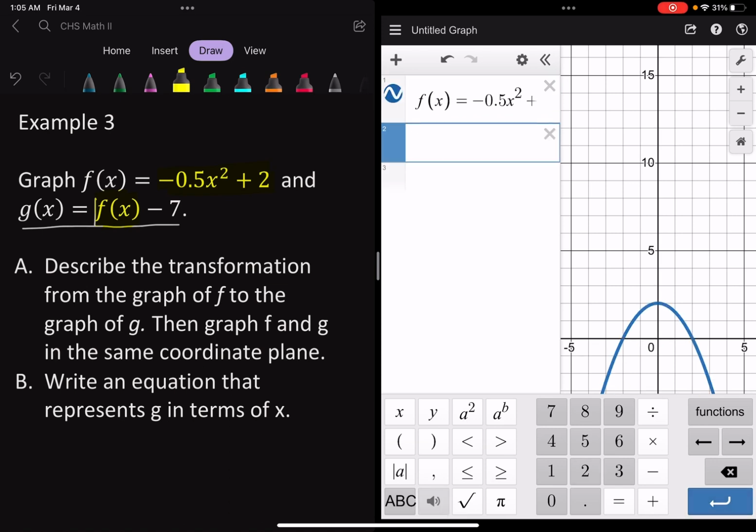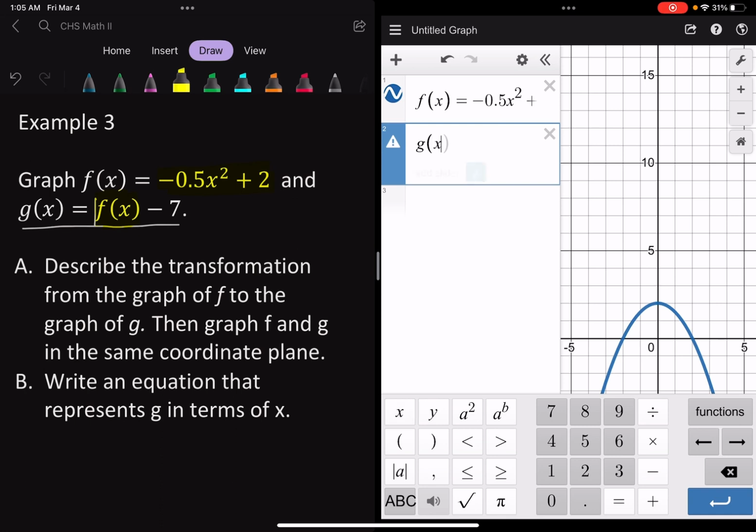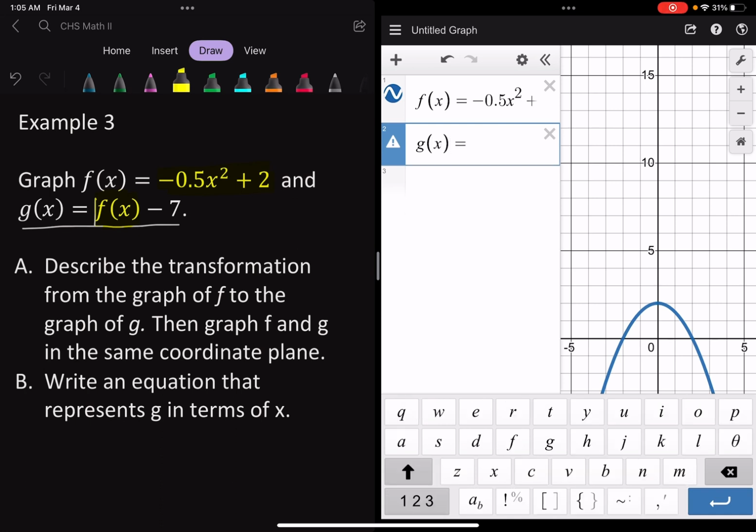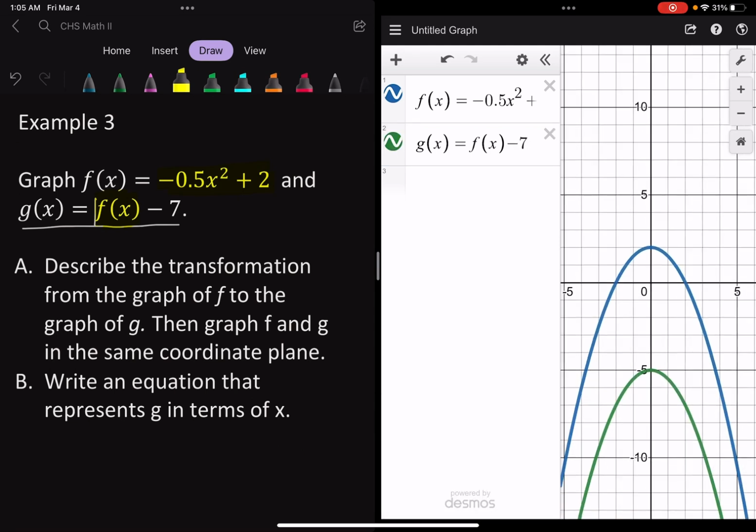And then we graph, let's say, we'll do g, let's see if this works. g of x equals f of x minus 7. Let's see if this actually worked. Perfect. That's what I was hoping it would.